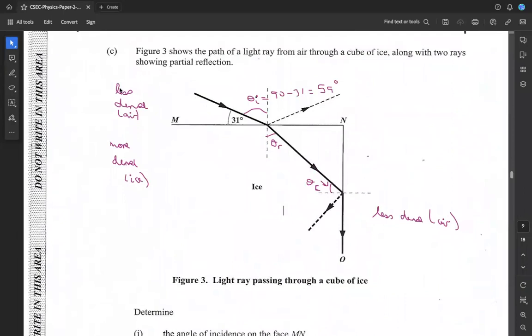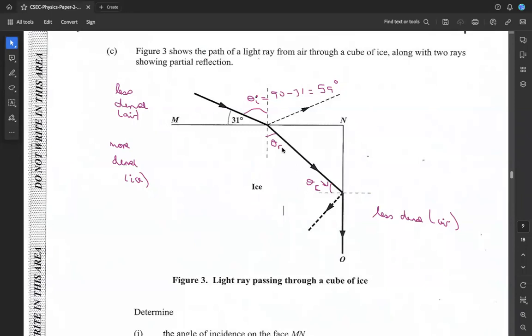We're going from air, which is a less dense medium, to ice, which is more dense. So this incident ray comes to this boundary and into this more dense medium, which is ice. When we go from a less dense to a more dense medium, that ray is going to bend towards the normal. So we see that this ray is bending slightly towards this normal.